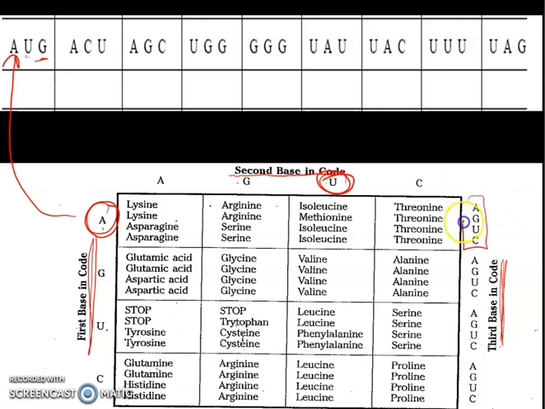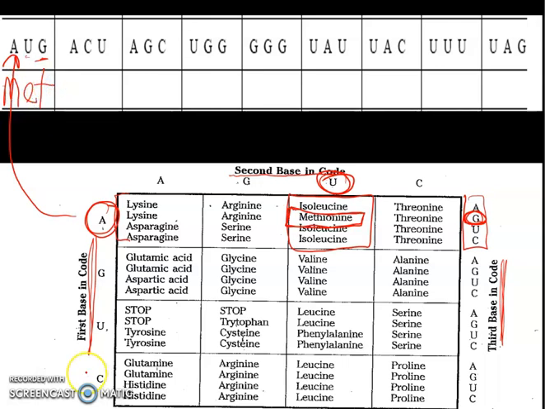Notice how I've got 4 lined up. So each one of these lines up with that third base. That's how I determine it. So G is last in my codon. So I have A, U, G. So I'm in box A, then U. So this box here is AU, AUG, right here, methionine. And I'm going to abbreviate it, MET.